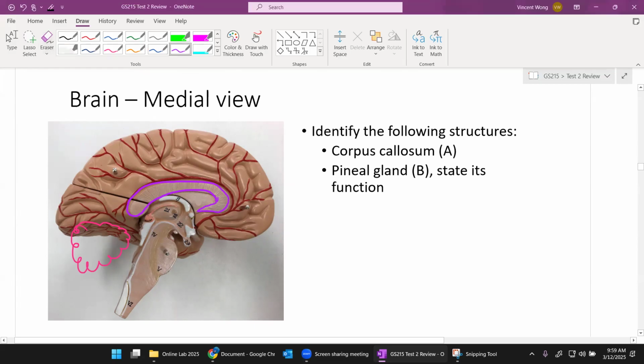The pineal gland is right here. I don't know if I mentioned this in class, but the pineal gland secretes melatonin to induce sleep. In a low light environment, you secrete melatonin and it makes you sleepy.